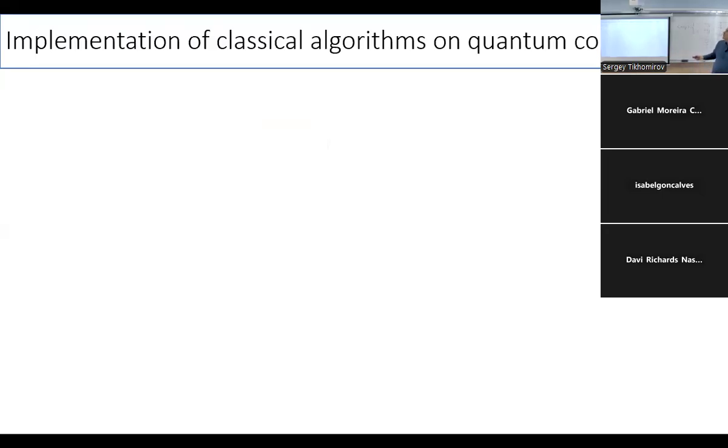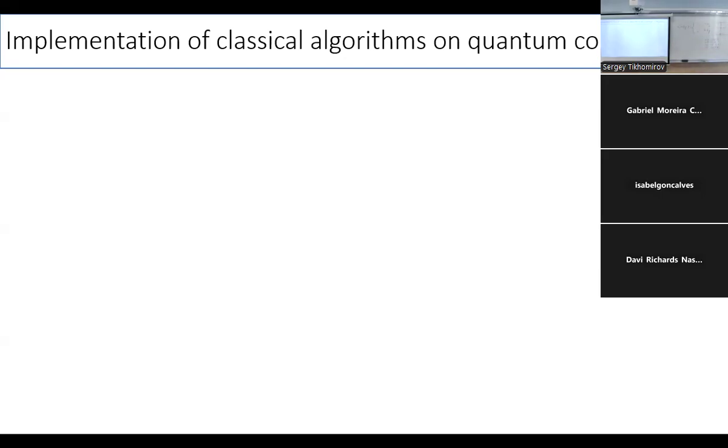Assume that we know how to implement controlled NOT. This is a pre-assumption. I will show how to do this, but if we can, then any classical algorithm in a certain way can be implemented on a quantum computer.